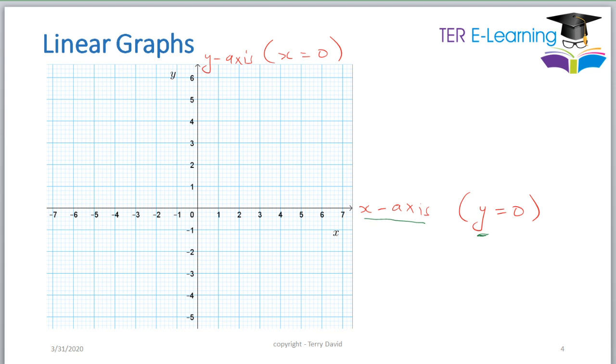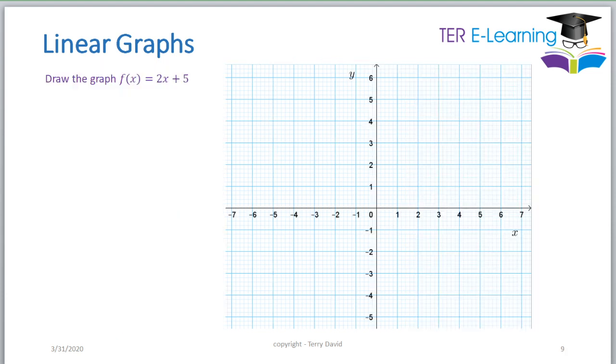Now, let's go back to something here. So I showed you a horizontal line, I showed you a vertical line. Now, let's look at something here. In this question, the question is, draw the graph f of x is equal to 2x plus 5. The last two sessions in class, we were talking about functions, right? And typically, we represent a function by saying f of x is equal to something.